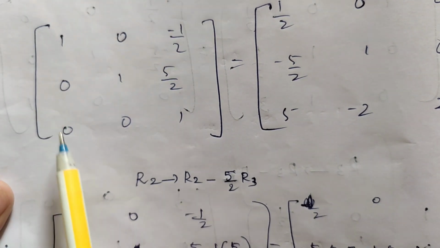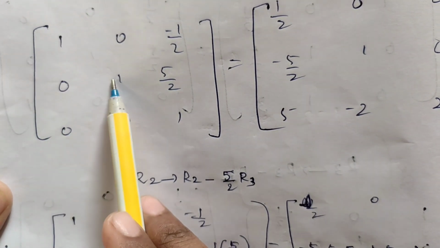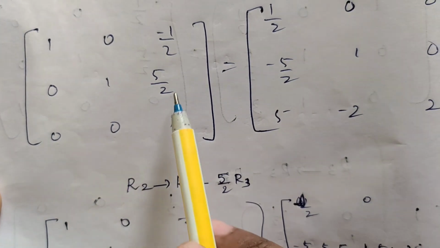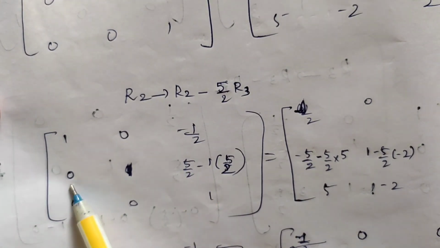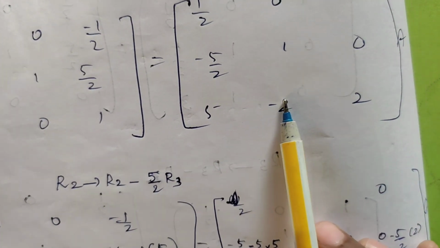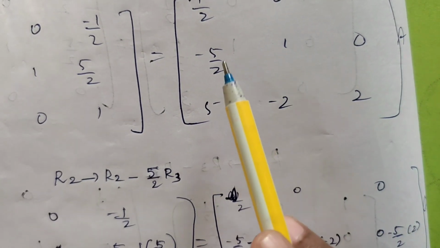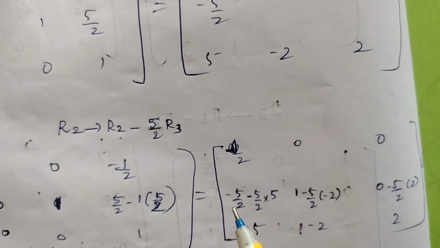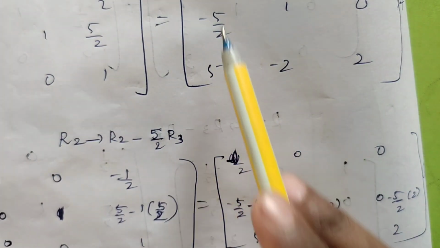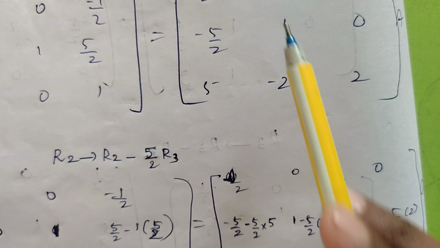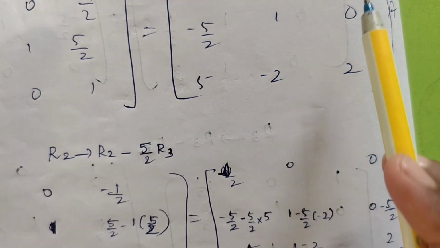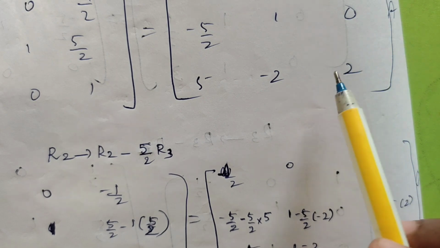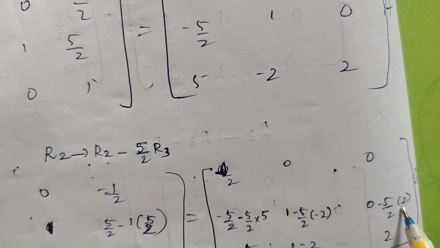This 0 minus 5 by 2 into 0, 1 minus 5 by 2 into 0, 5 by 2 minus 5 by 2. That is what is written here. The next in the RHS, same thing. Minus 5 by 2 minus 5 into 5 by 2. 1 minus 5 by 2 into minus 2. Next 0 minus 5 by 2 into 2.